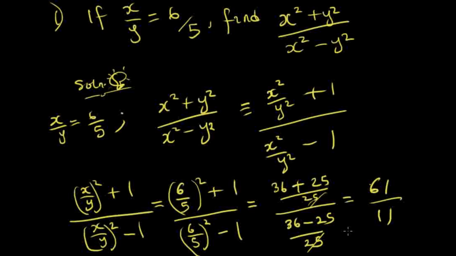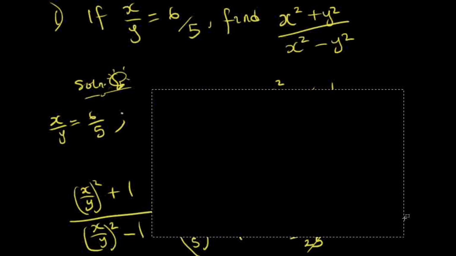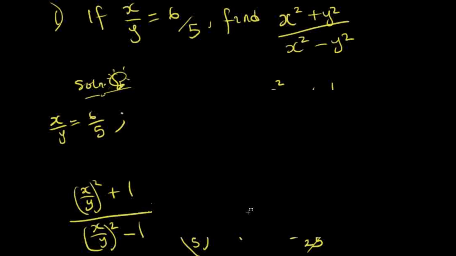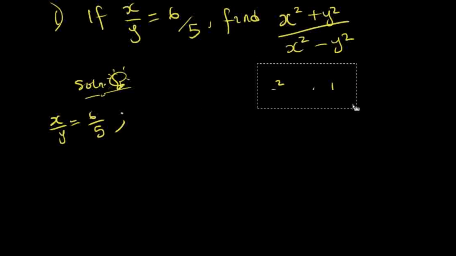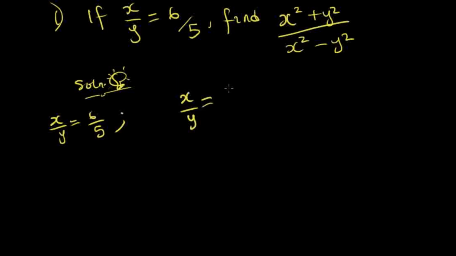So there is, of course, another way that you can decide to solve this problem, apart from the way I just showed you here. So sorry, let me quickly clear the screen. Now, since x over y is equal to 6 over 5, you can use the relational positions of x and y to define x as 6 and y as 5.